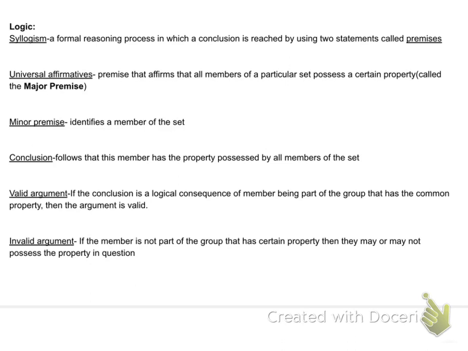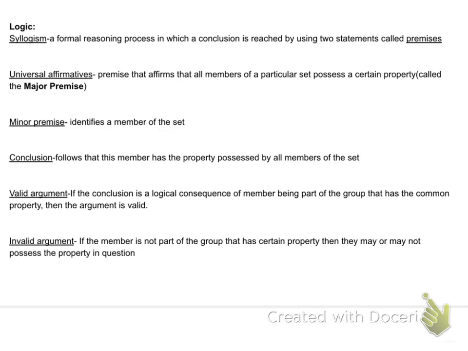Syllogism. I think that's the right way to say that. This is the formal process in which a conclusion is reached by two statements that we are going to call premises.